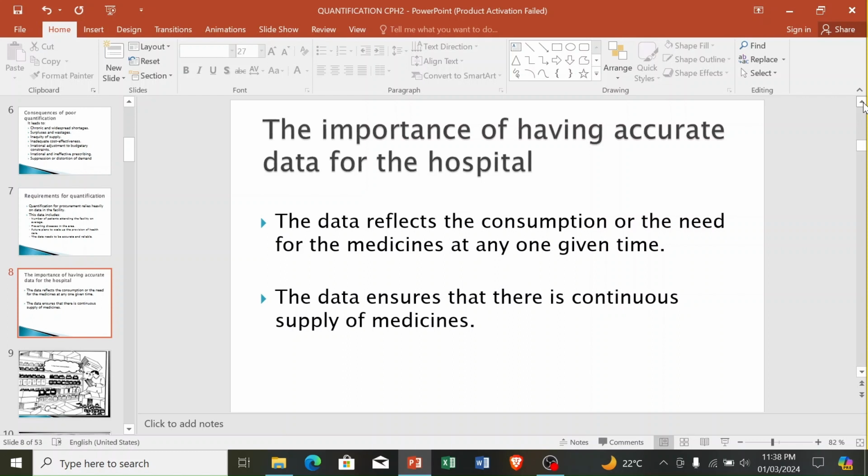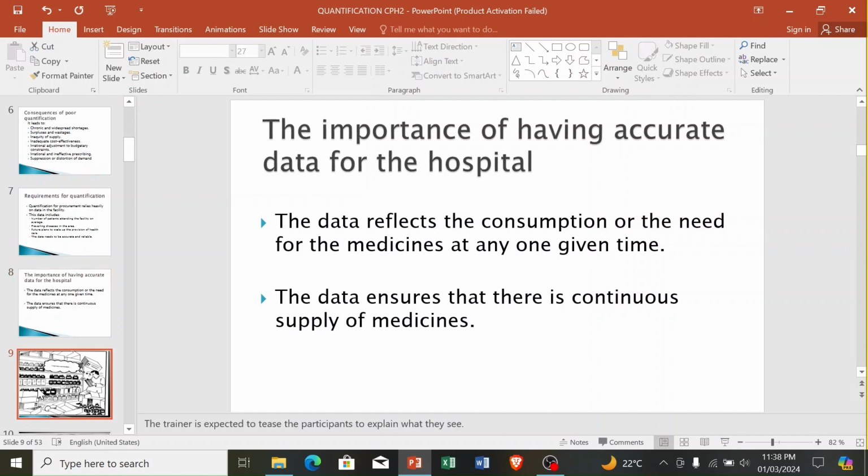Having accurate data enables us to ensure there is always continuous supply of medicine. There are no days out of stock. There are no days where we have so much that our stock cannot even contain. So that is why there is need for us to have accurate data for the hospital.